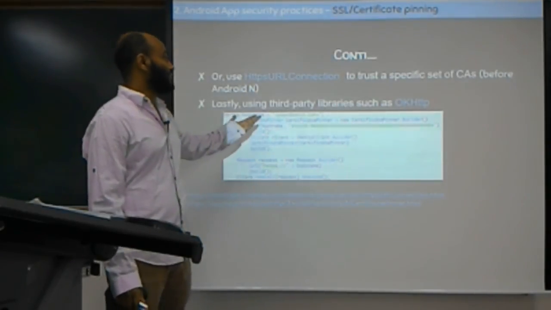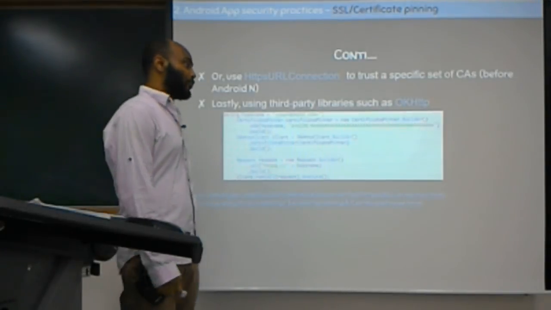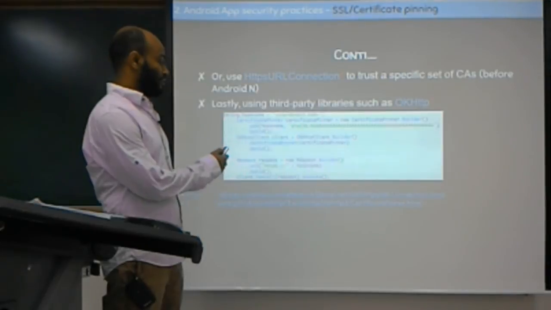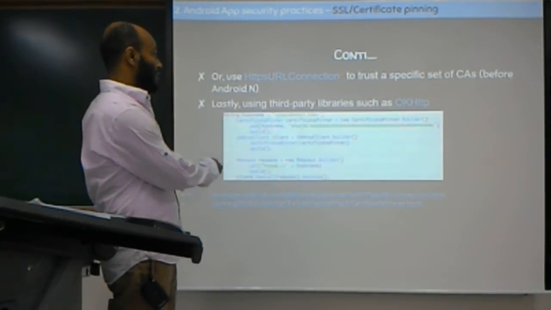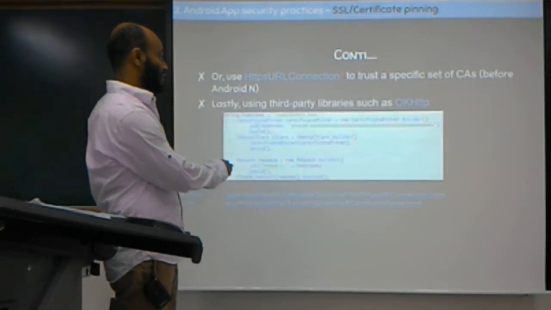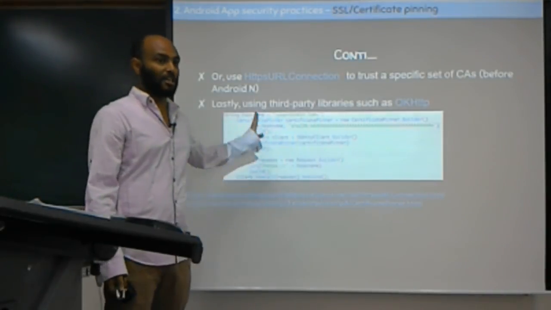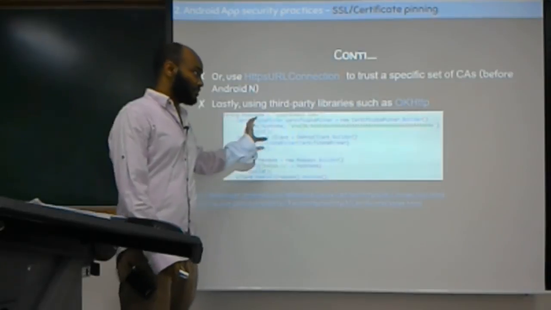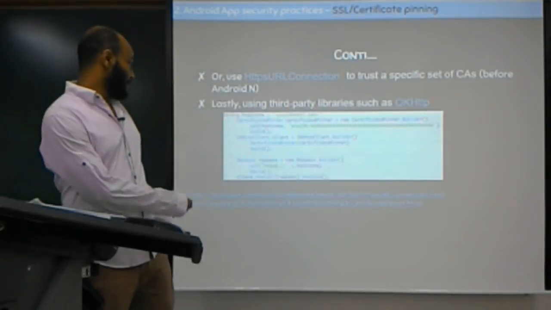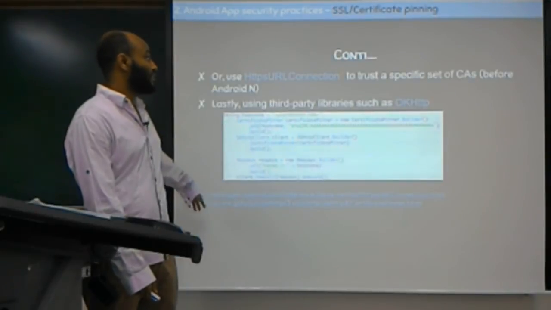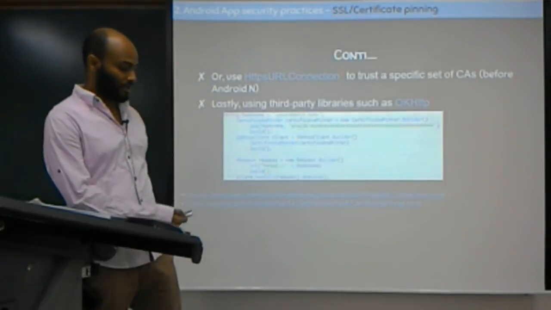Lastly, using a third party like OkHttp, we can pin our certificate. As you can see, we can add our certificate in it. Then our application will check if the certificate is legit or not. You can read these links if you want to know more about these methods.